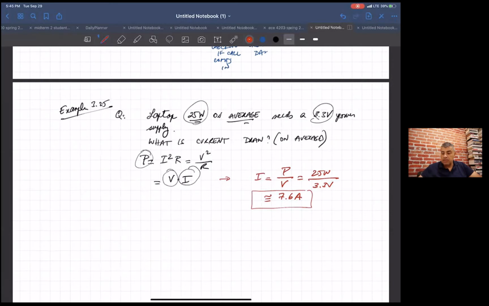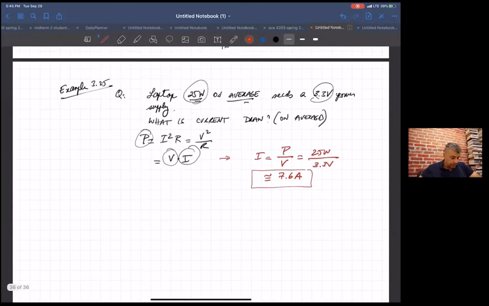And again, we'll see how that's a lot of current, and it's going to give you a lot of headaches, that load. Okay, so if we model this as a resistor, this resistor, the load, has a voltage and it's pulling a certain current from it.